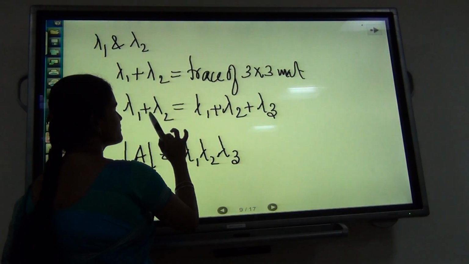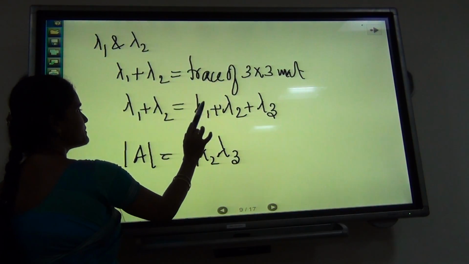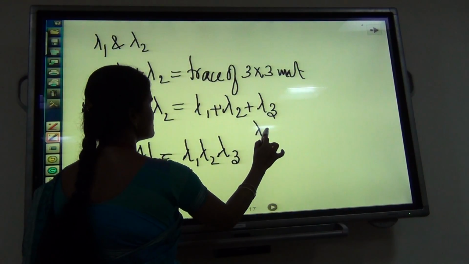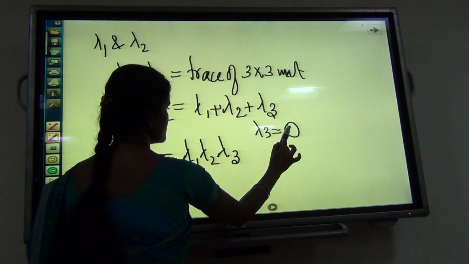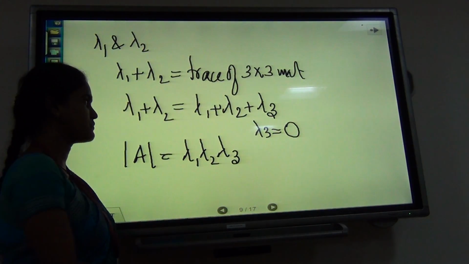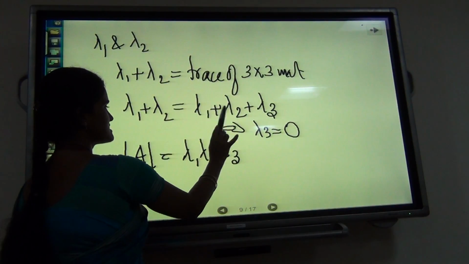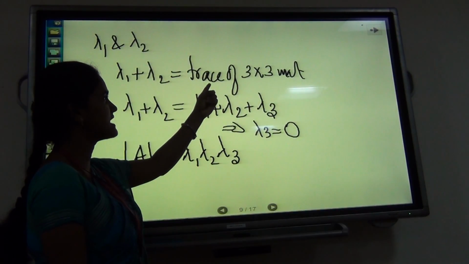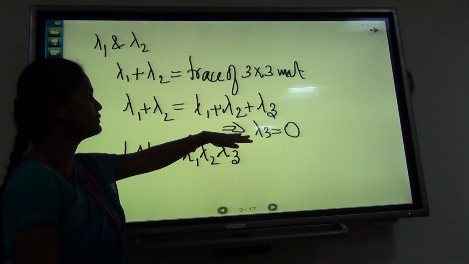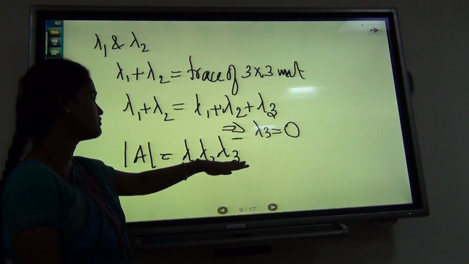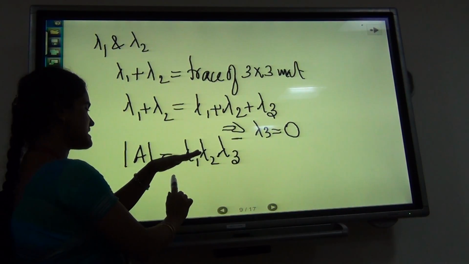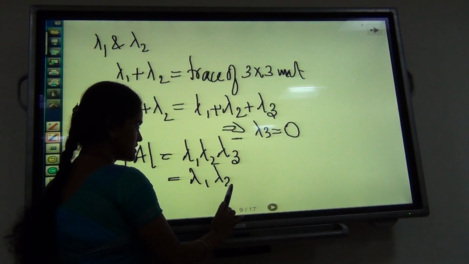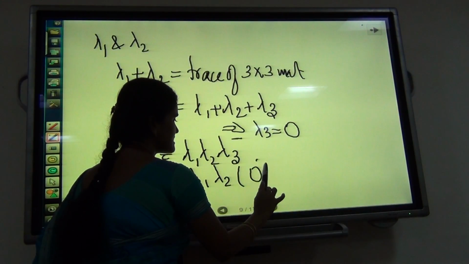So if we know lambda 3, we can find the determinant of A. From this equivalence, are we able to find lambda 3? Yes, of course. Lambda 1 plus lambda 2 cancels off, so lambda 3 would be equal to 0. Even though we don't know what lambda 1 and lambda 2 are exactly, we know lambda 3 is 0.